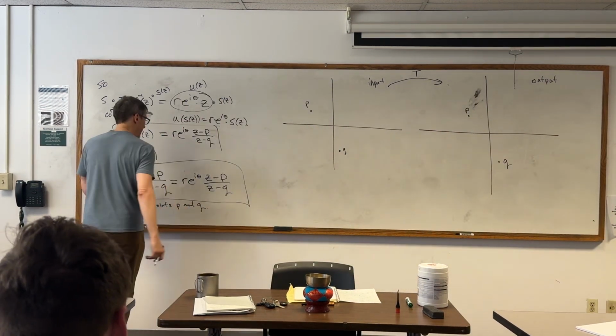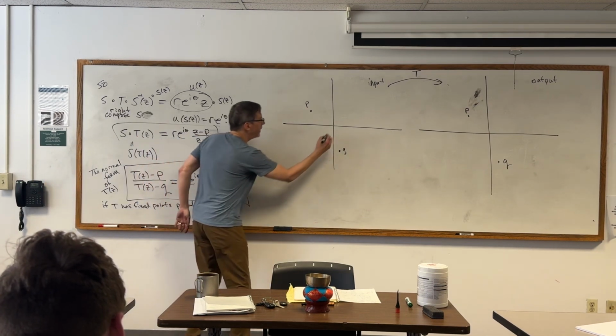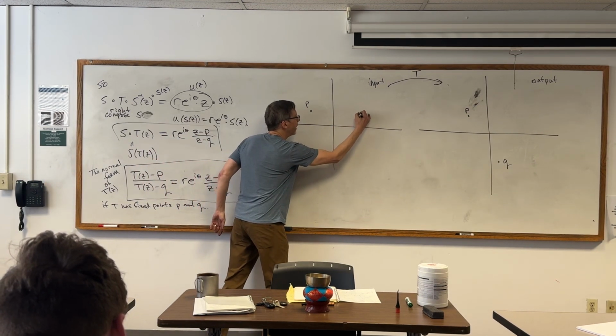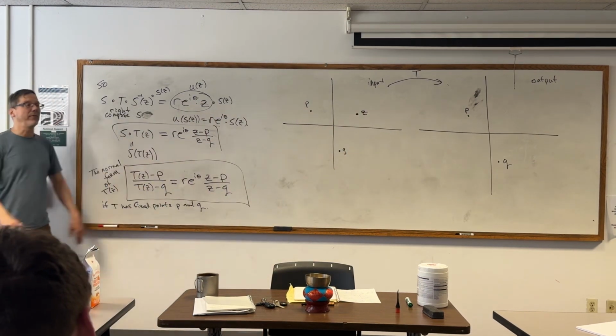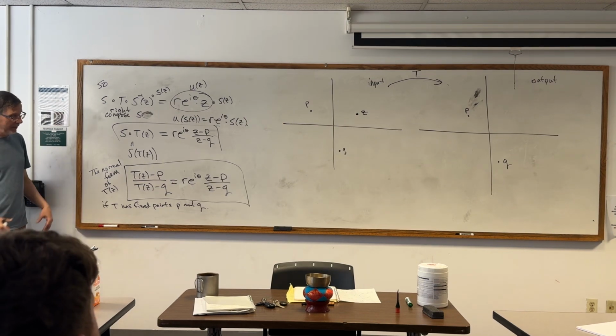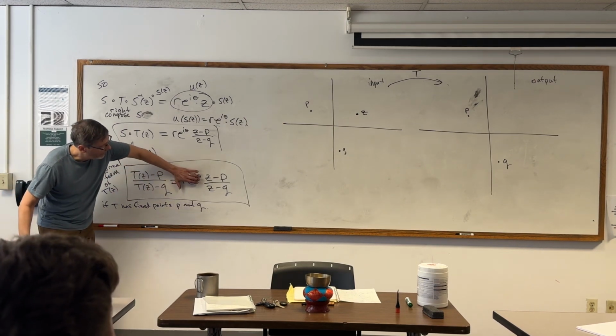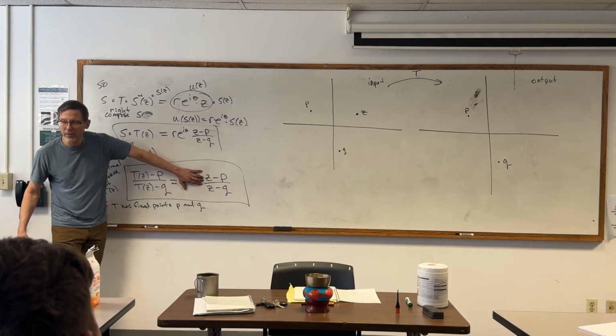Then, if I pick a point Z, say like right here. Now I'm going to ask you a heavy question that I need you to think about, pulling some knowledge together. What is Z minus P over Z minus Q?